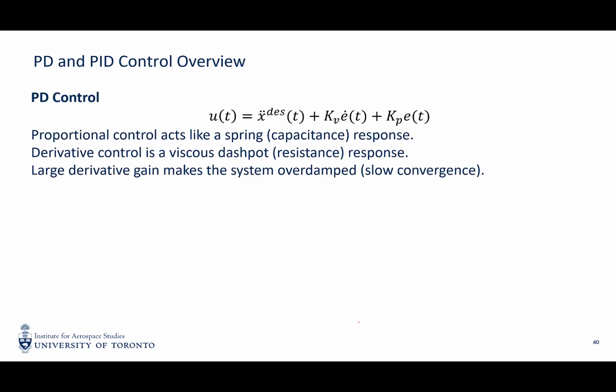So this is a very typical control called PD control. You have a derivative term to damp out the excessive velocity, and you have a P term which drives your state to the desired state.